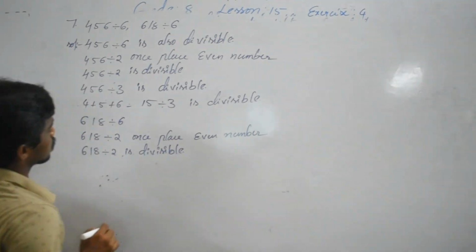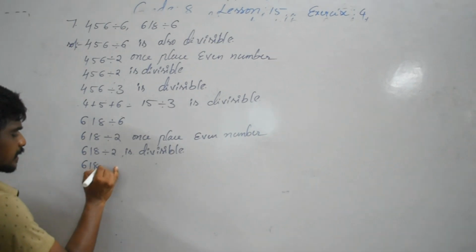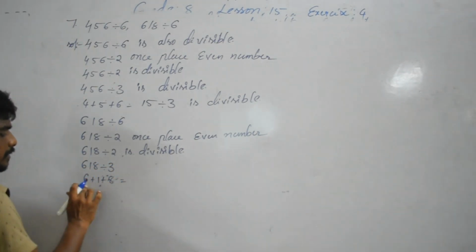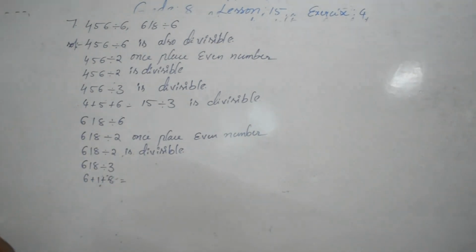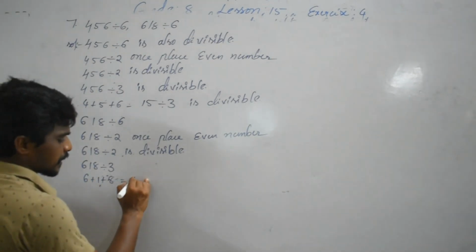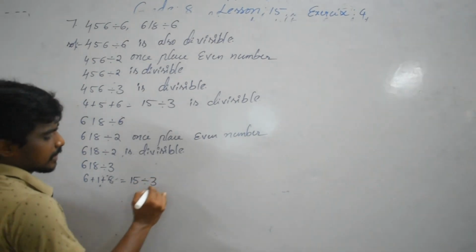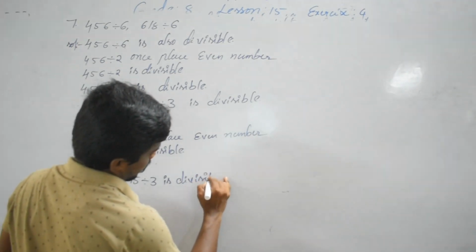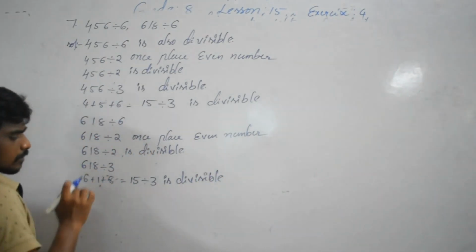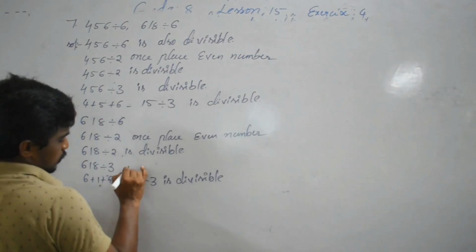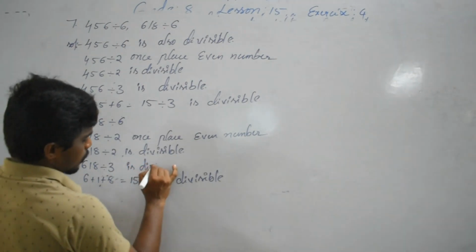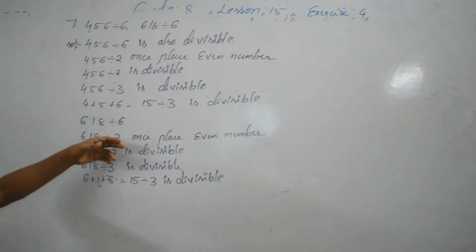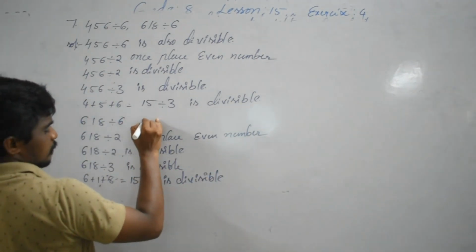Next one, 618 divided by 3. 6 plus 1 plus 8. 6 plus 1, 7. 7 plus 8, 15. 15 divided by 3 is divisible. So 618 divided by 6 is also divisible.